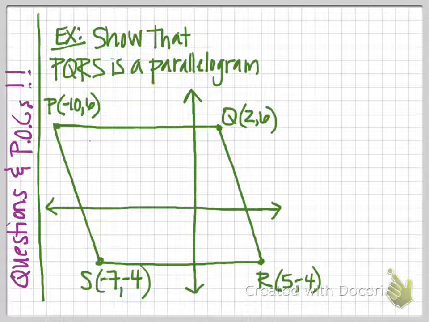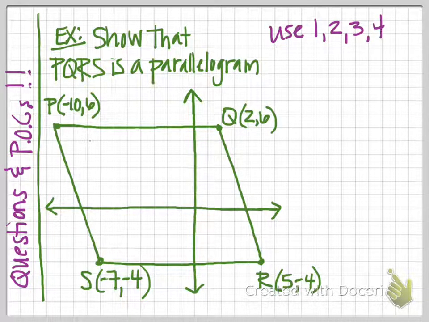That's going to be a little bit harder because we would probably need to come out with like a protractor. There's not really a formula that shows you how big an angle is. So the fifth test is probably not going to be the easiest. So we want to either use test 1, 2, 3, or 4 for parallelogram. Okay, so it's kind of up to you what you want to choose. Me personally, I think slope is pretty easy to find.